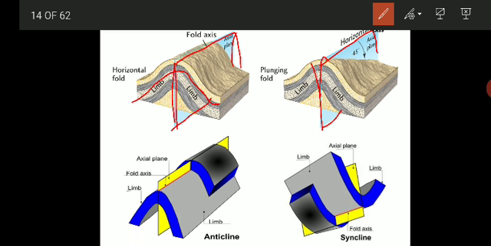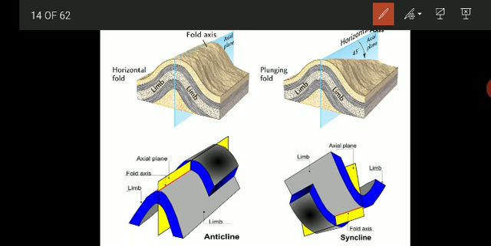Remember the definition of axial plane: it is an imaginary plane which divides the fold into two equal halves as symmetrically as possible. The axial plane may be vertical, inclined or horizontal, depending on the type of fold.